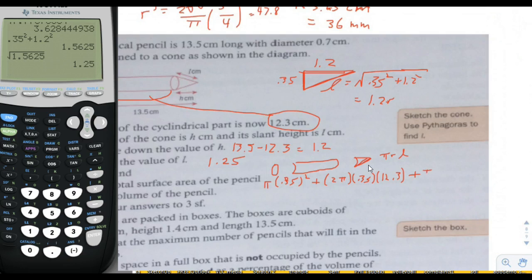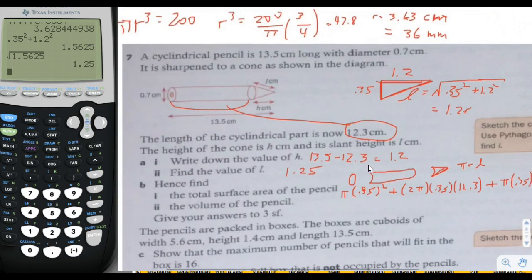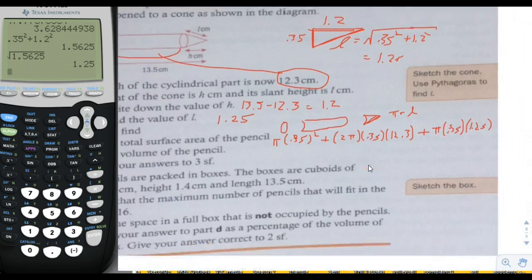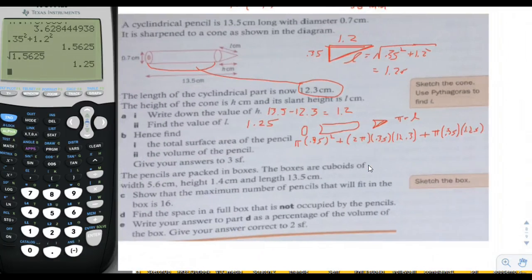So it would be pi times 0.35 times 1.25. Just multiply all that out, and that will give you the total surface area of the pencil.